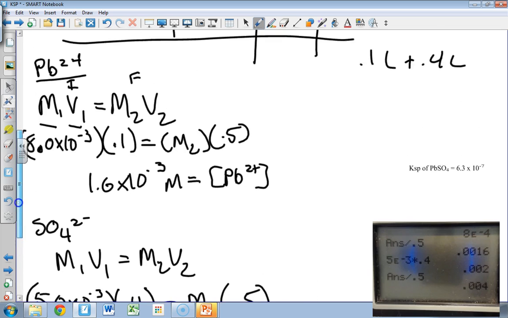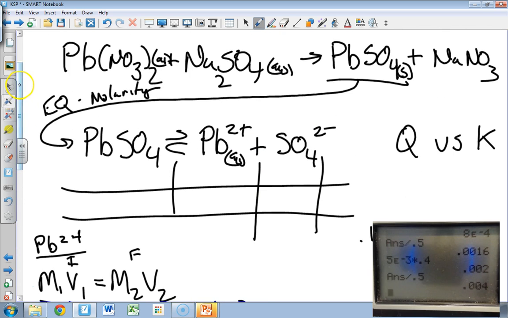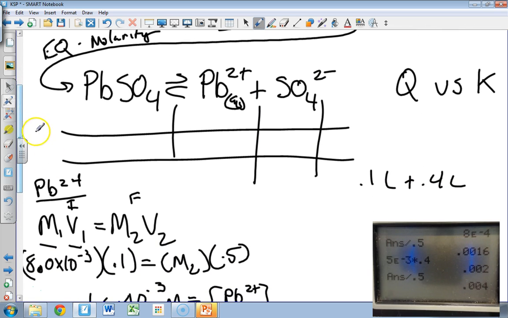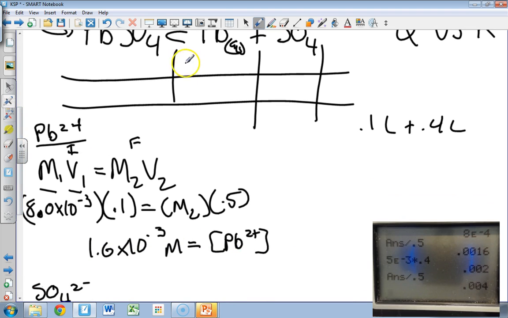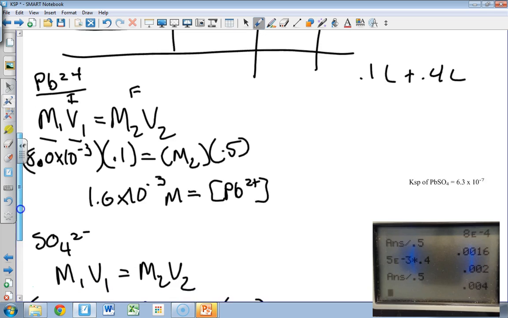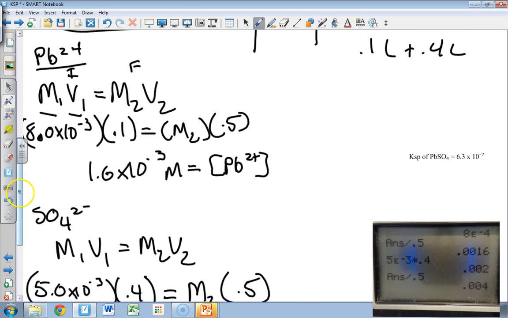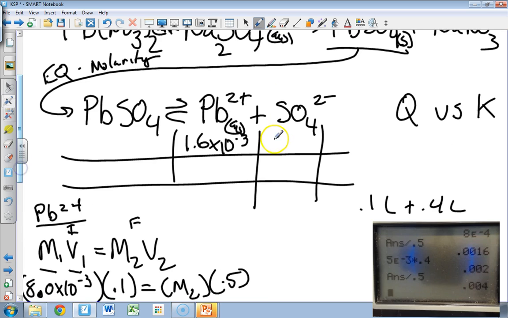Okay. Sounds awesome, right? So now we want to compare Q to K. The concentration of lead that we're worried about here is 1.6 times 10 to the minus 3, and the concentration of sulfate is 4.0 times 10 to the minus 3. Now if we calculate Q and compare it to K, that's going to tell us which way the reaction is going to shift.